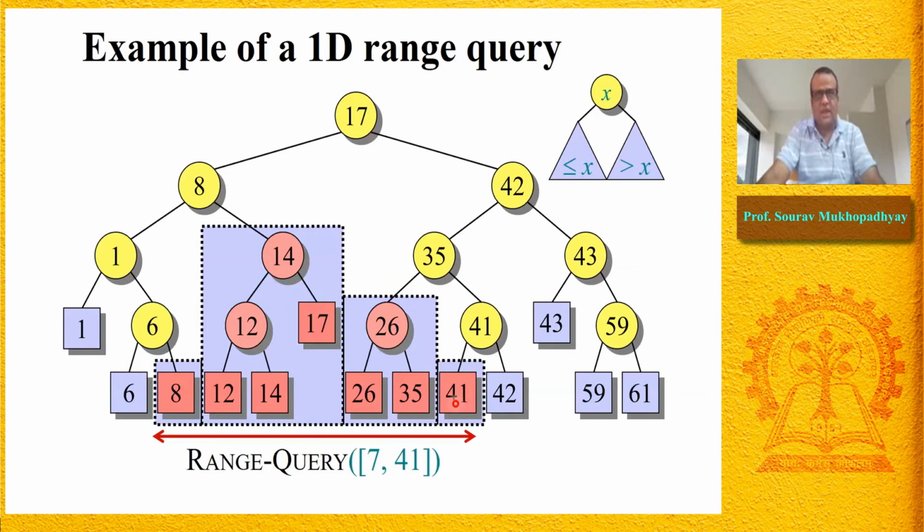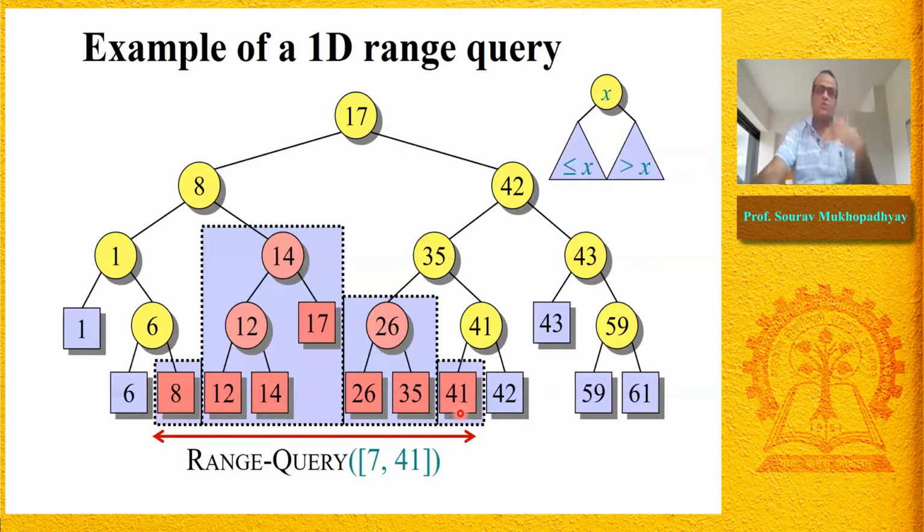Instead of that, if we just output the subtrees, 8, 14, 26, and 41, and just say that our output is all the leaves lying in these subtrees.